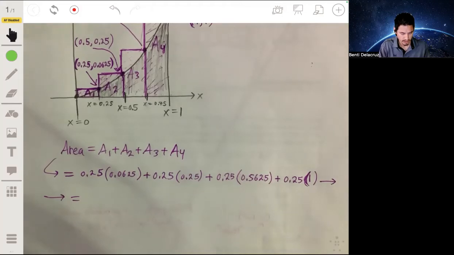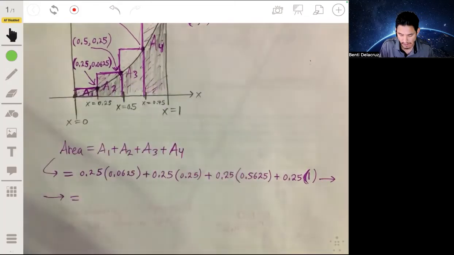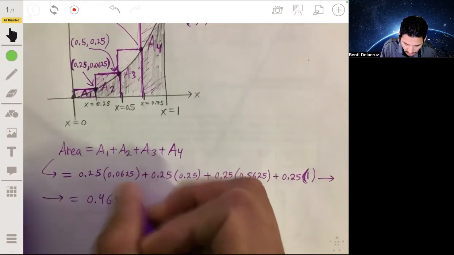Okay, so when we add all this together, we will get, let's see, I got 0.4, what is it? Let me check, make sure I didn't mess up. Oh yeah, about 0.46875.